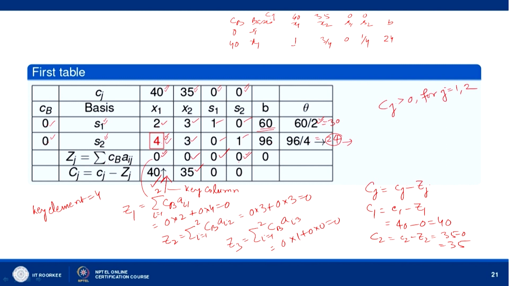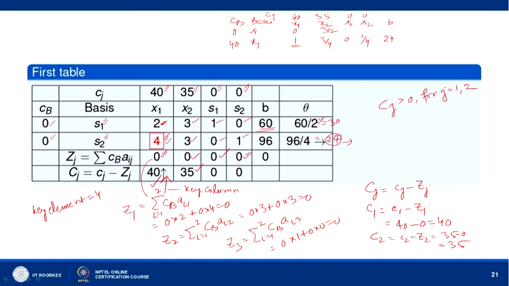Now, with the help of this 1, we will make the other entries in the key column zeros. So, there is this entry 2, we will have to make it 0. So, we multiply the key row by 2 and subtract from this row. So, we will get 0 here. We multiplied 3 by 4 by 2, so this becomes 3 by 2, and we subtract it from 3. So, we get 3 by 2 here.